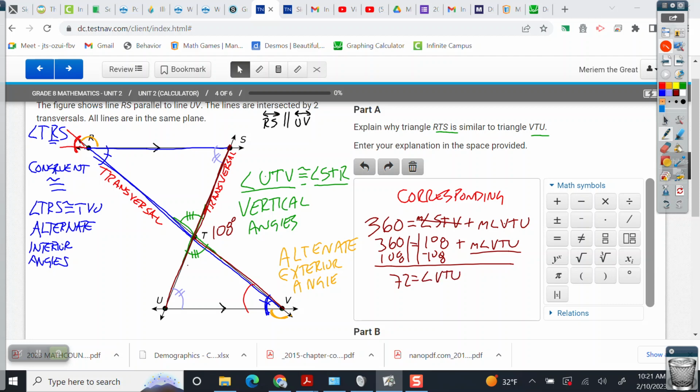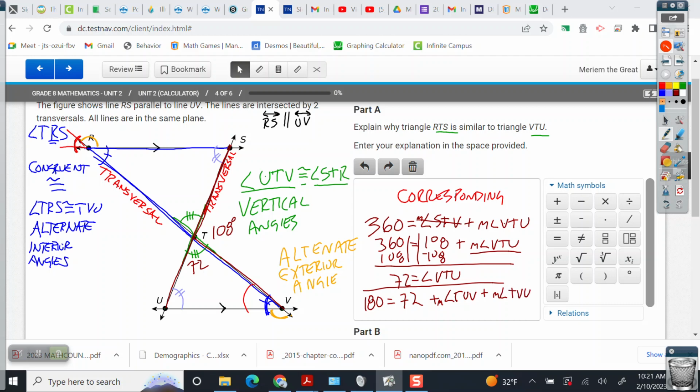So this is 72. Well, that's helpful because I know that the sum of the interior angles of a triangle are equal to 180 degrees. So I know that 180 degrees has to equal 72 plus the measure of angle TUV and plus the measure of angle TVU.